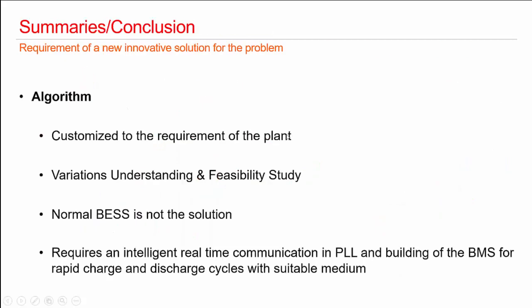To look at it simply, the algorithm that has to be designed should be customized to the plant's requirements, based on the variations and the feasibility study. It requires intelligent real-time communication in PLL, the phase lock loop, and building of a BMS, the battery management system, for rapid charge and discharge cycles with a suitable medium.